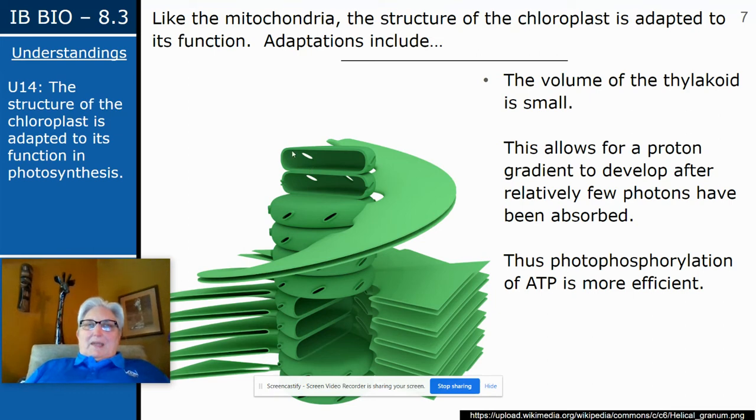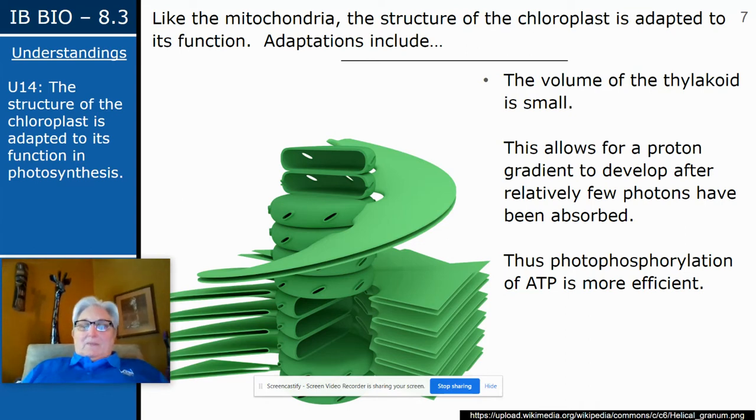So another piece that we look at when we're looking at how the chloroplast is put together, because this becomes important. The chloroplast, like any other organelle, is adapted to suit its function.